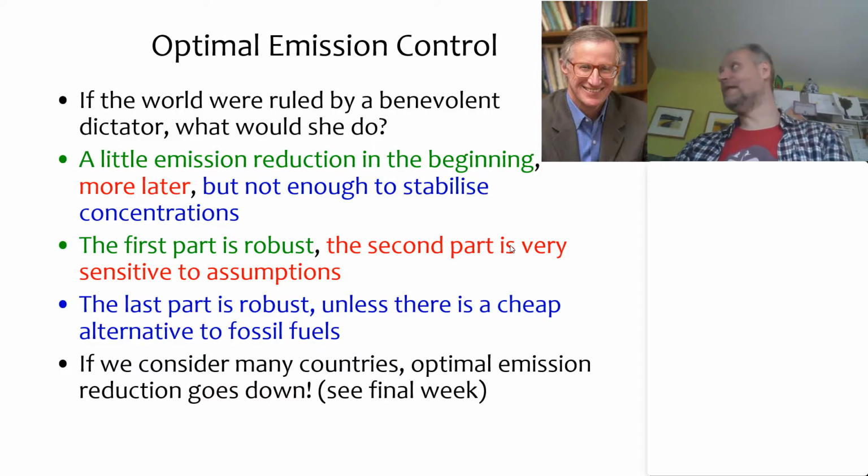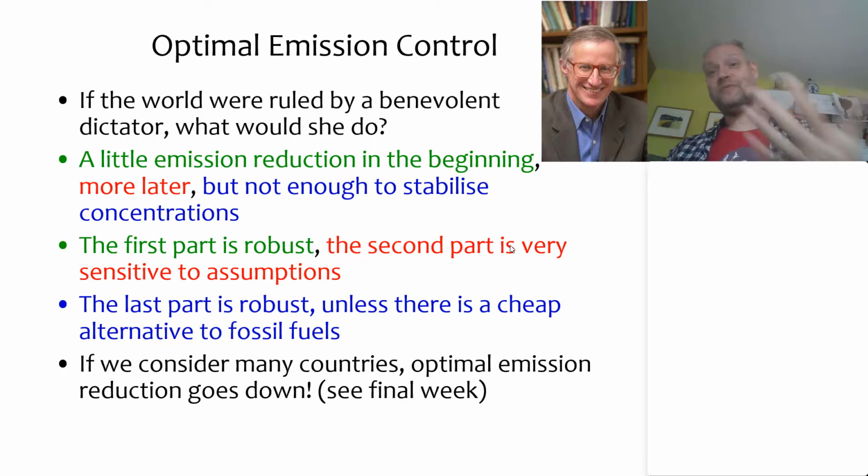Now, what we're going to do next week is take a closer look at what Nordhaus really assumed, and particularly look at the definition of what we actually consider optimal, and that changes not these particular conclusions, but does change at what level you would want to reduce your emissions.